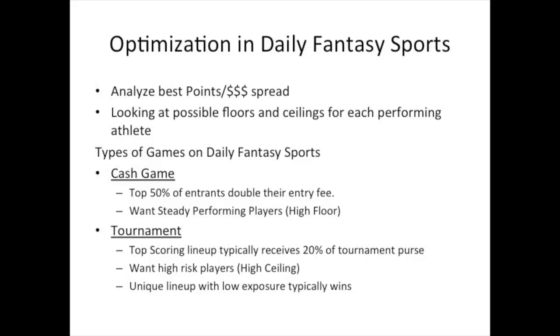Since people can draft the same players and have the exact same lineups, people are looking for those players with a low draft percentage, and so a low draft exposure, and those lineups typically win. Average scores here come out to somewhere around 200 to 300 points, so that means players average about 35 to 50 points.